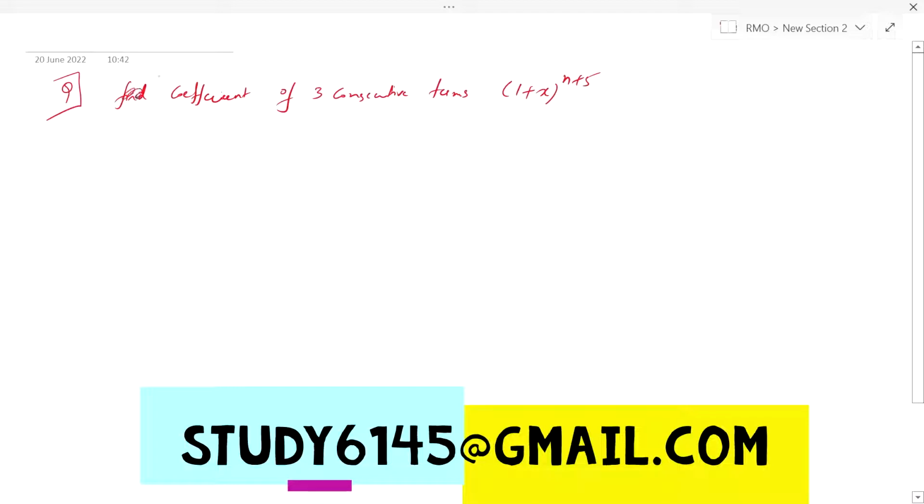They have given that if the coefficients of three consecutive terms of 1 plus x raised to n plus 5 are in ratio 5 is to 10 is to 14, then n is equal to what?